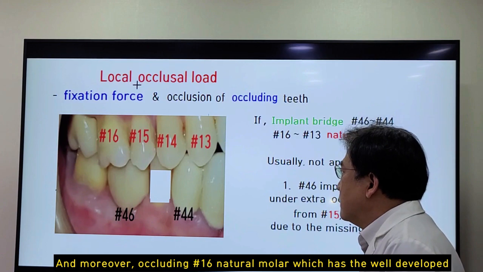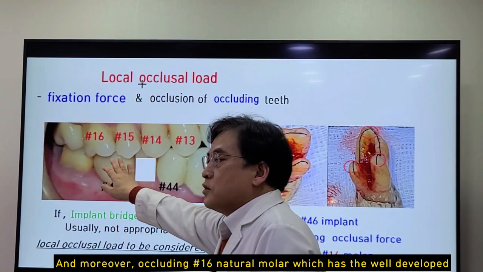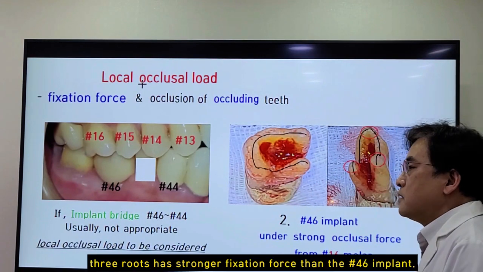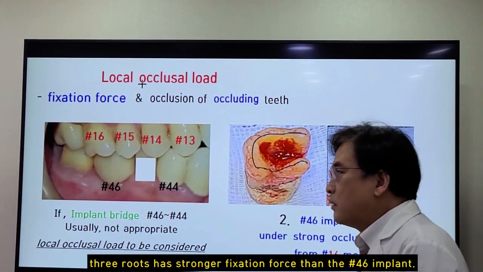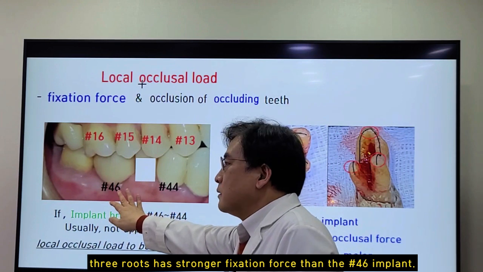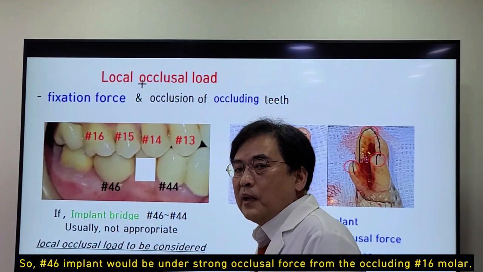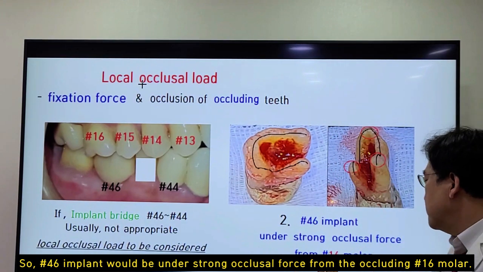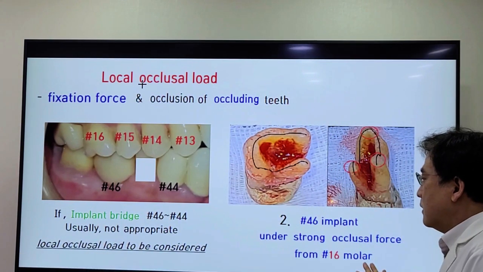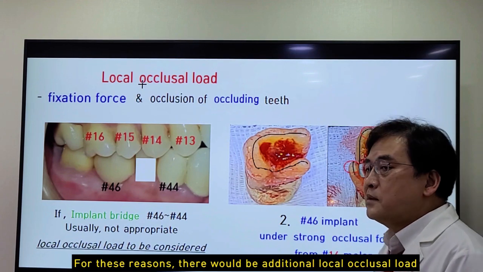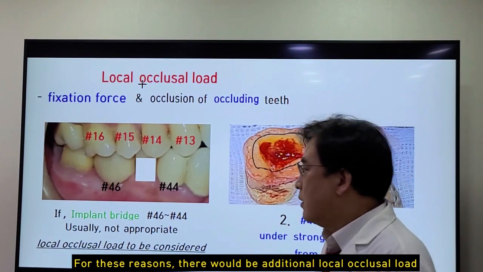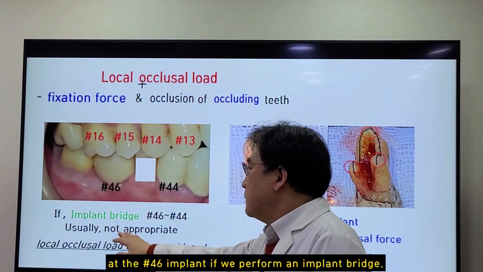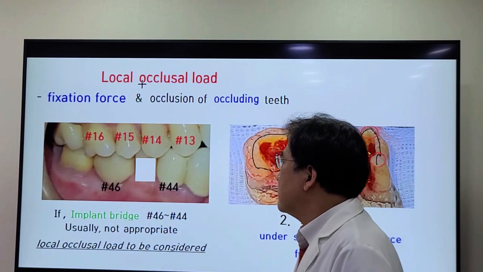And moreover, the occluding 16 natural molar, which has well-developed three roots, has a stronger fixation force than the 46 implant. So the 46 implant will be under strong occlusal force from the occluding 16 molar. For these reasons, there will be an additional local occlusal load at the 46 implant if we perform an implant bridge.